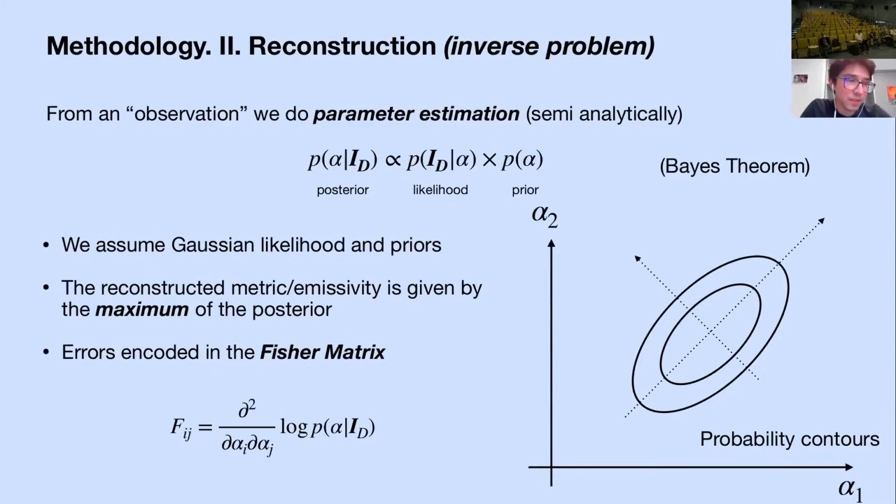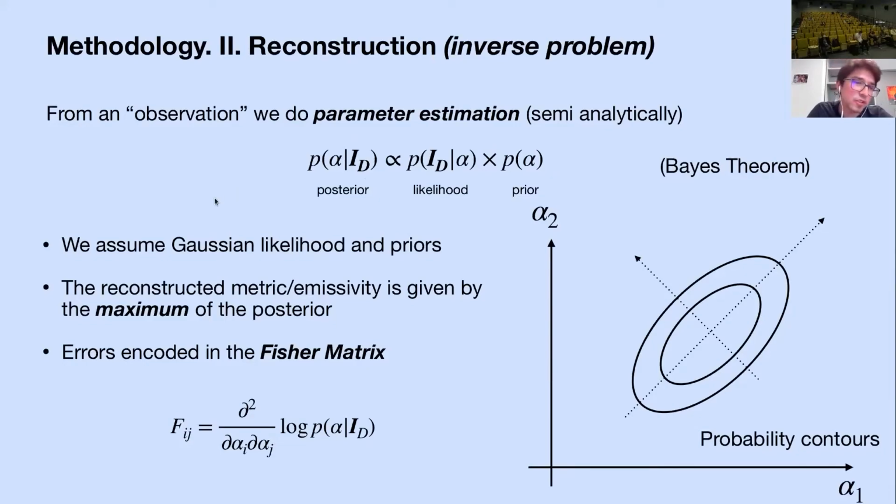Once we have described the possible deviations of the black hole image, we can begin to do a parameter estimation. So essentially, the posterior probability of the parameters given an observation, given by Bayes' theorem, is given by the product of the likelihood of a model to reproduce the image times the probability distribution that describes the prior information that we know about the parameters.